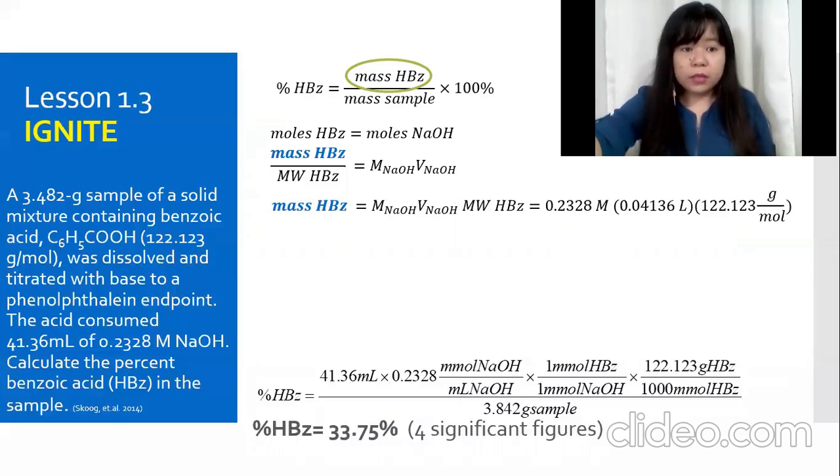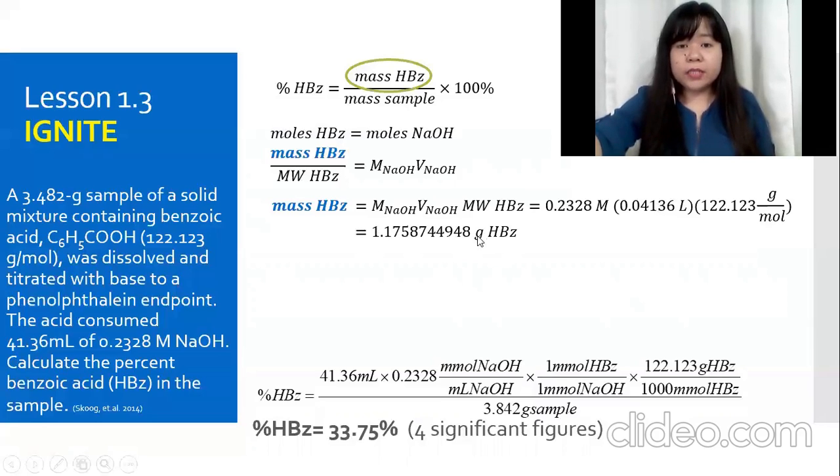to the molar concentration of NaOH here, and then the volume of sodium hydroxide. The problem has given it in milliliters. We can immediately convert it into liters so that it seamlessly fits in our equation. And then the molar mass of benzoic acid.